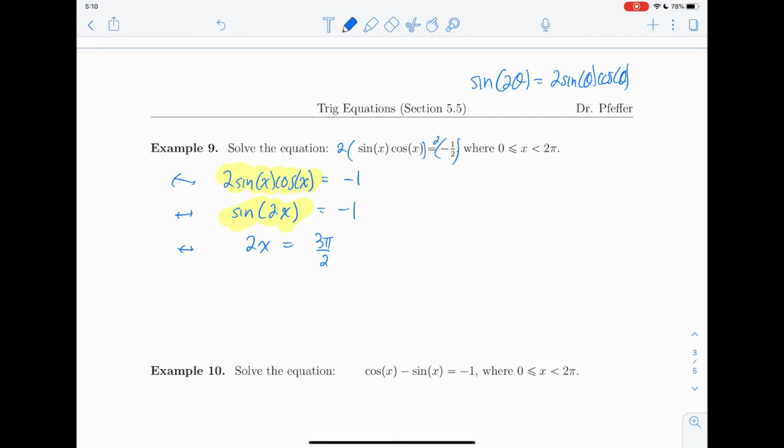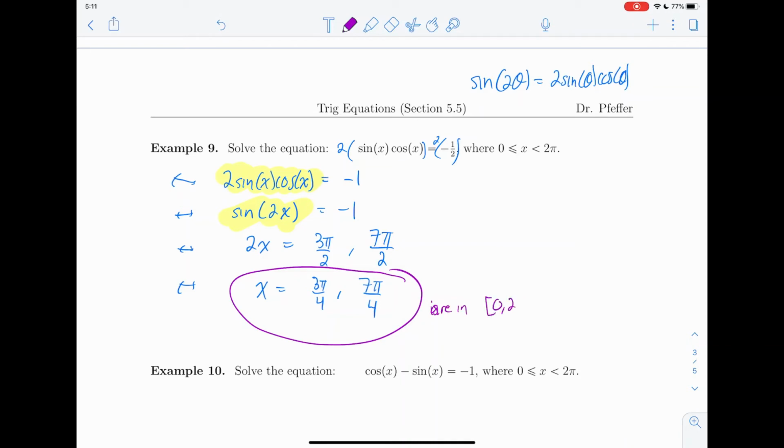So instead, I'm also going to pick up whatever's coterminal to 3 pi over 2, which in this case is 7 pi over 2, by adding 2 pi to it. Despite 7 pi over 2 clearly being bigger than 2 pi, after dividing by 2 we turn it into 3 pi over 4 and then 7 pi over 4, which are both in 0 to 2 pi.